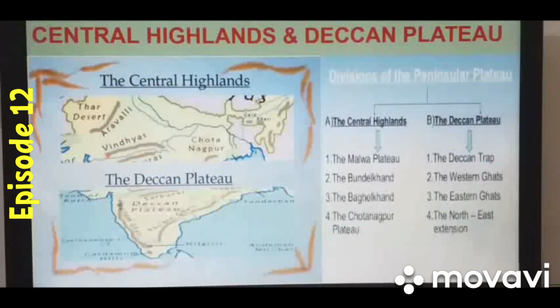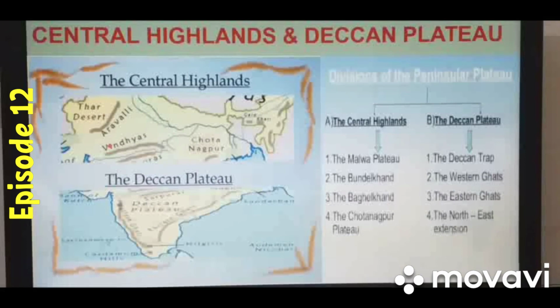Towards the south, the Central Highland is bounded by the Vindhya and Satpura mountain ranges. Further, it has an eastward extension, which is locally known as the Chota Nagpur Plateau region.